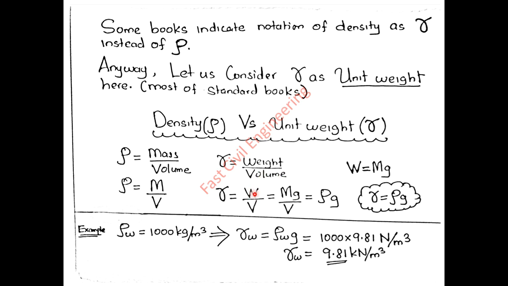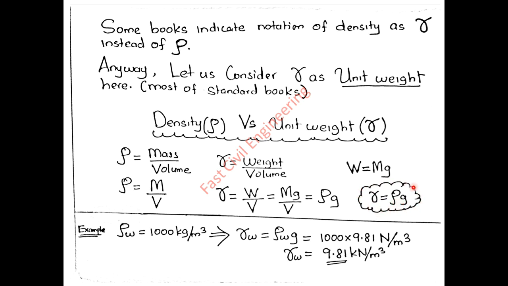W is equal to force, F is equal to ma, Newton's second law. W over V is equal to mg over V. This M over V is rho. This is rho into g. That means gamma is equal to rho g. That means unit weight is equal to density into g.